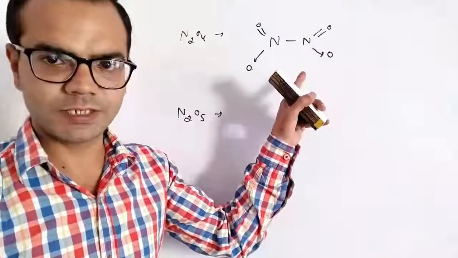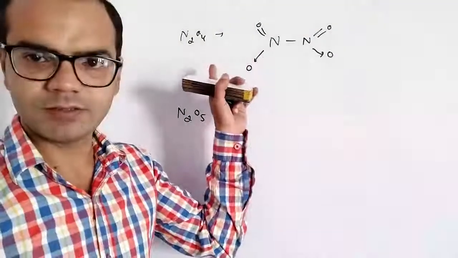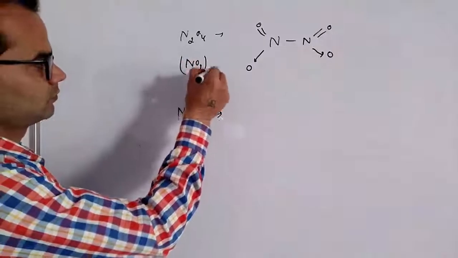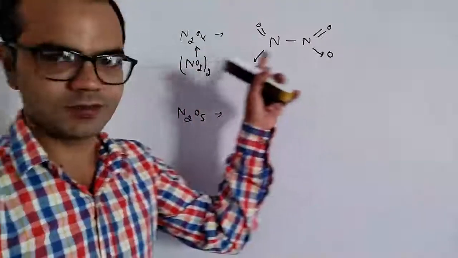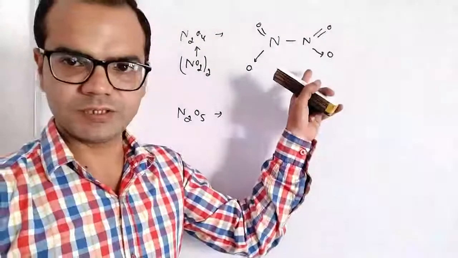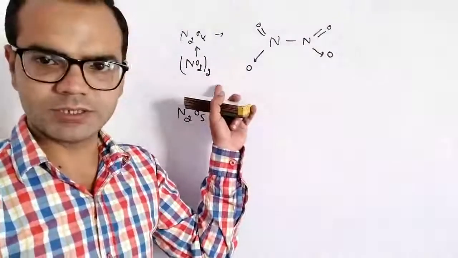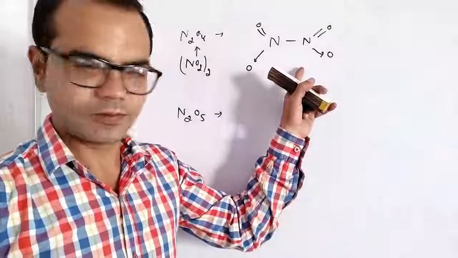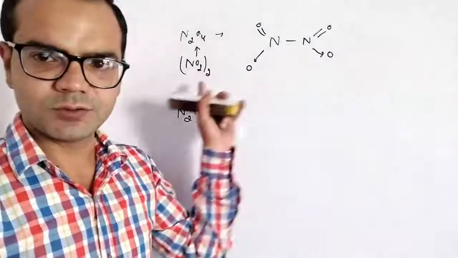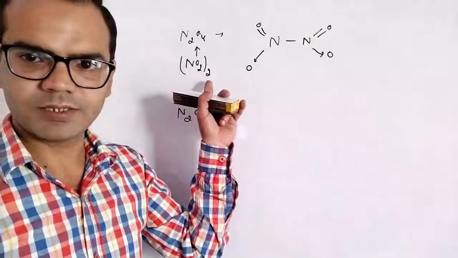This N2O4 is the dimer of NO2. NO2 dimerizes to give N2O4. NO2 is a brown colored oxide, but N2O4 is colorless. NO2 is an odd electron molecule, but N2O4 is an even electron molecule. There is no odd electron, that's why it is colorless. Due to presence of an odd electron, NO2 is colored.